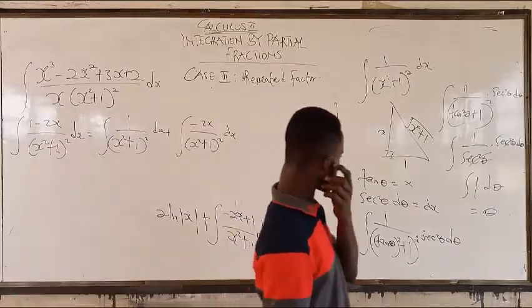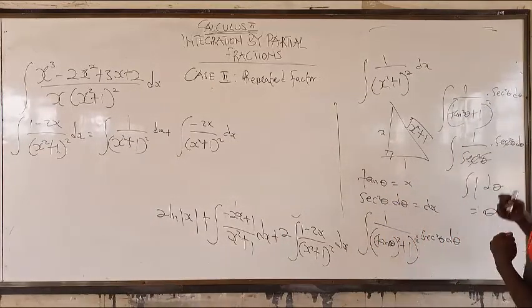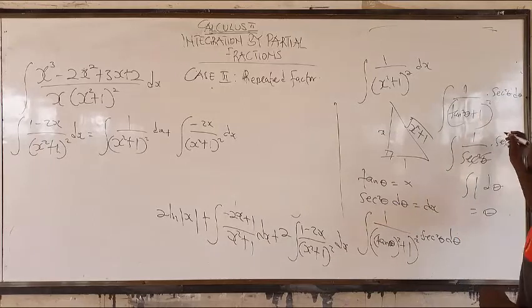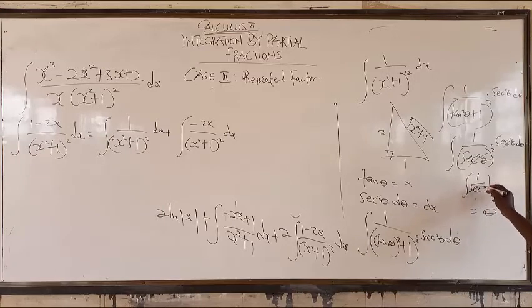We have left something out. Here, the power 2. What do we get with the power 2? So here is 1 over sec squared, because you're going to get power 4, so it will clear one of these.